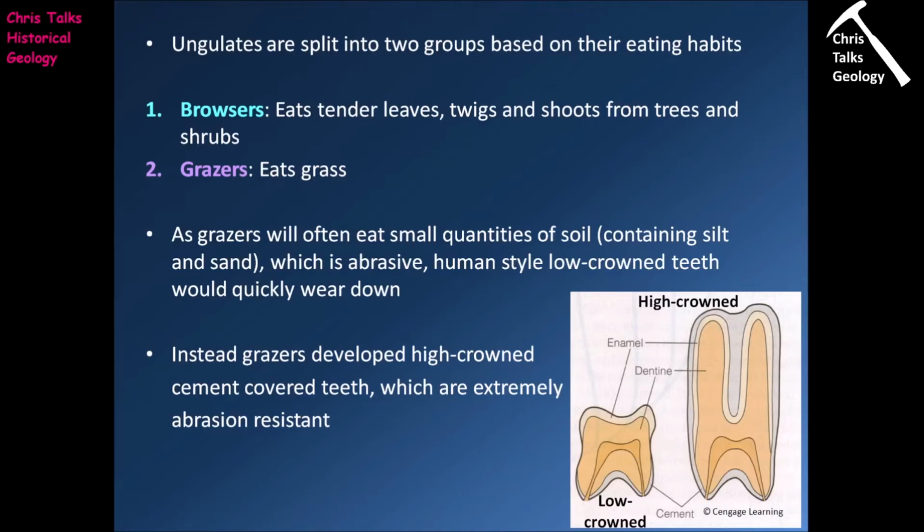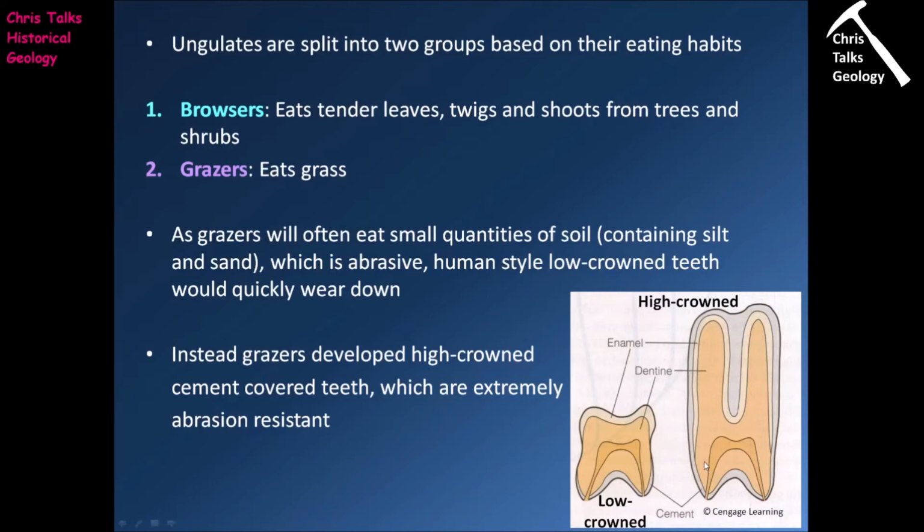So what happens with the ungulates is the grazers develop what's referred to as a high-crowned cement-covered tooth, and these are extremely abrasion resistant, and you can see an example over here on the right. If we look, we can see, number one, the distance between the top of the tooth and the nerve has been dramatically increased. This means there's more material to be worn down, so the tooth is going to last longer.